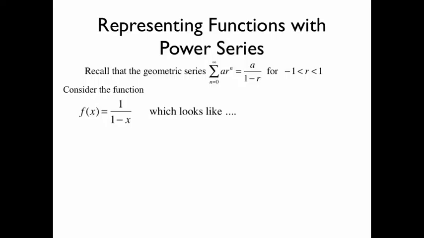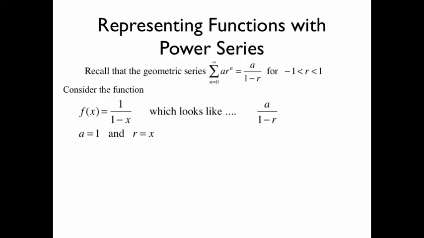You should be noticing, oh, that's a lot like a over 1 minus r. What's a? 1. What's r? x. So we can write 1 over 1 minus x, since it's a over 1 minus r, as an infinite sum.